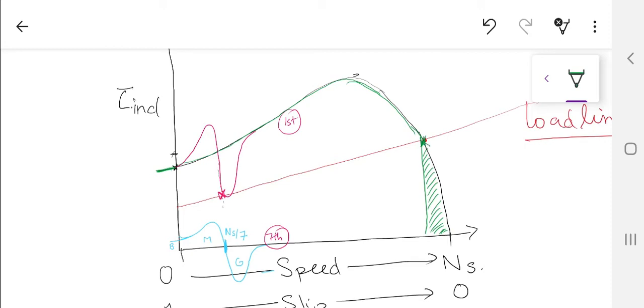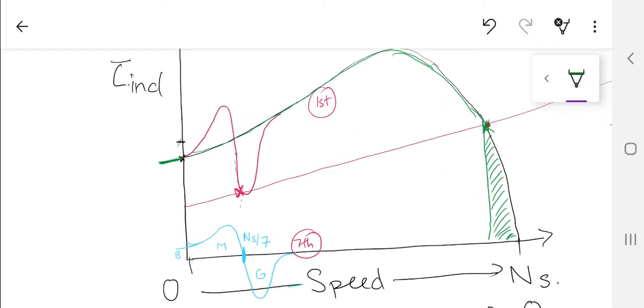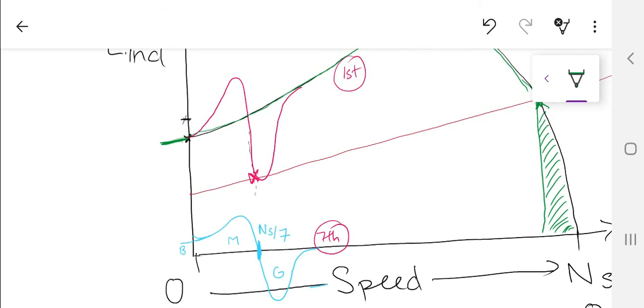Now the machine has an extensive value of 7th harmonic torque, which is shown over here by the blue color one, and when it is added, it changes to a purple color waveform, and now the load line is crisscrossing at this point. This point may not be exactly ns by 7, but it will be closer to ns by 7, because the generator region can be a little bit changed in shape over there.